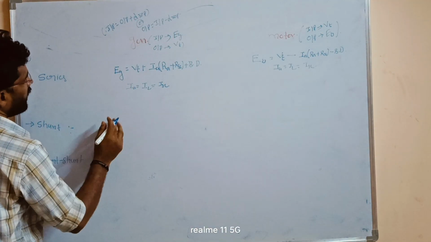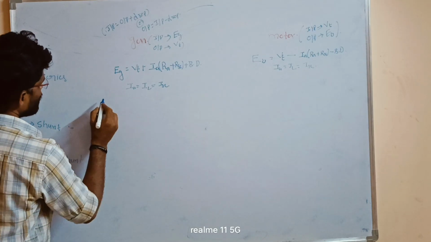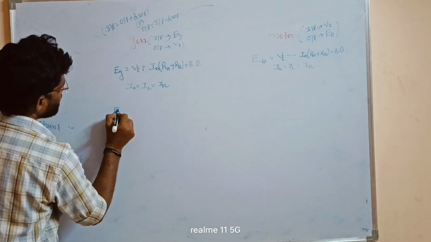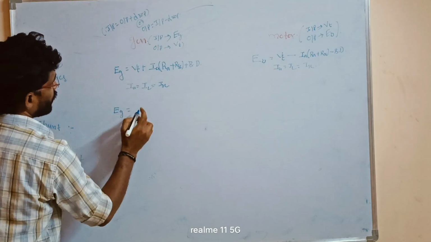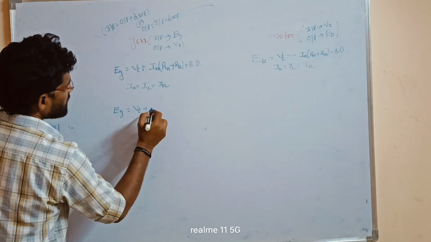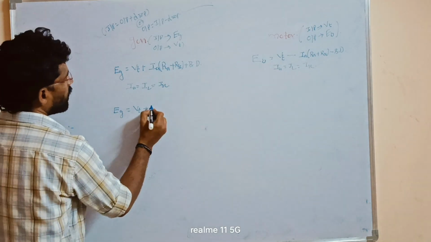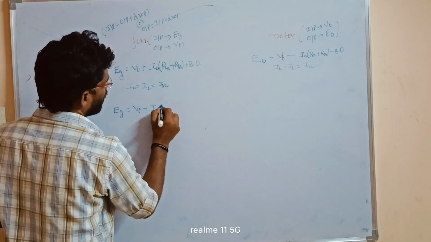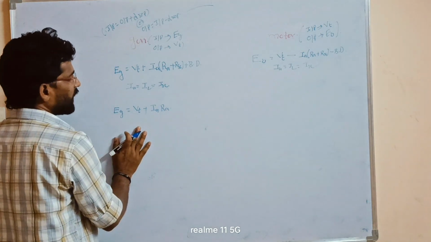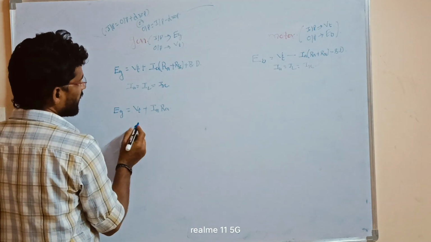Next, we find the shunt. For the shunt generator, EG is equal to VT plus drop. What is the drop here? The IA RA drop. So what is the IA?